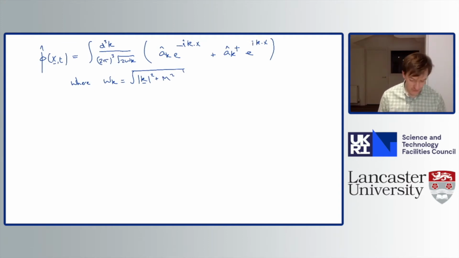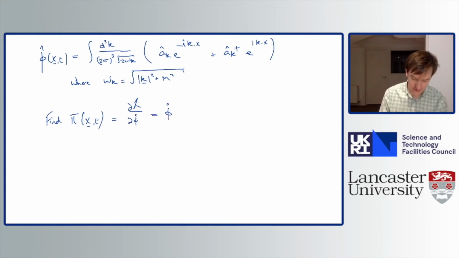Okay, so we have an expression for phi, but we don't have an expression for this pi field. The first thing we should do is to find our pi expression. We know what the classical expression is: we get it from differentiating the Lagrangian with respect to the time derivative, phi dot.